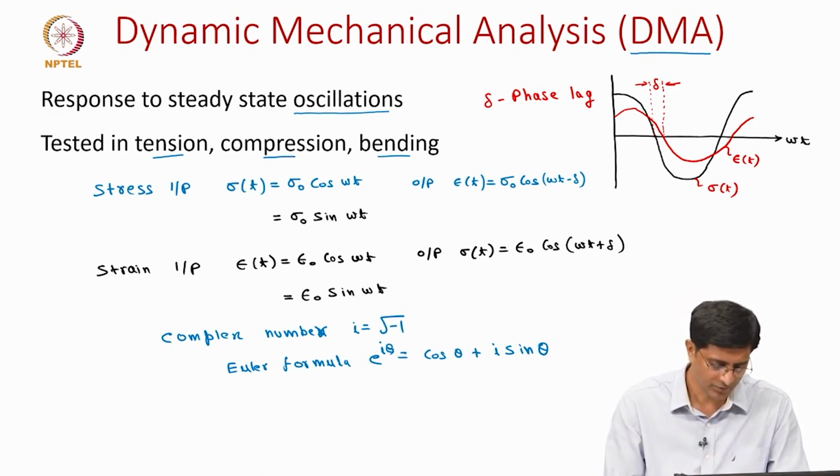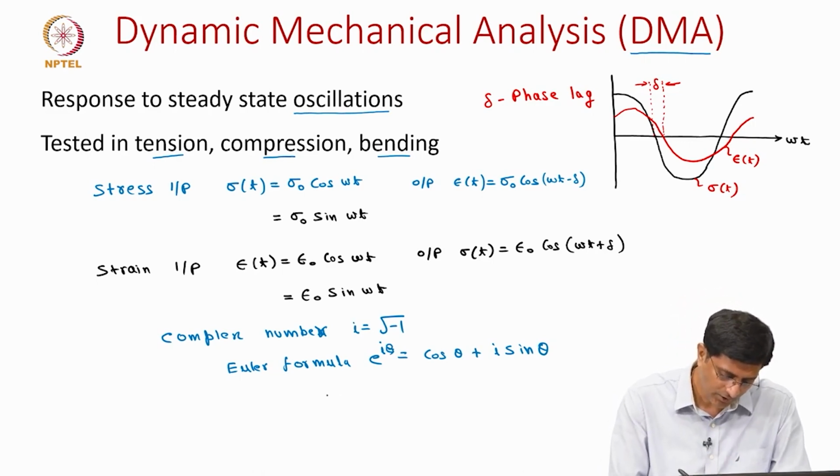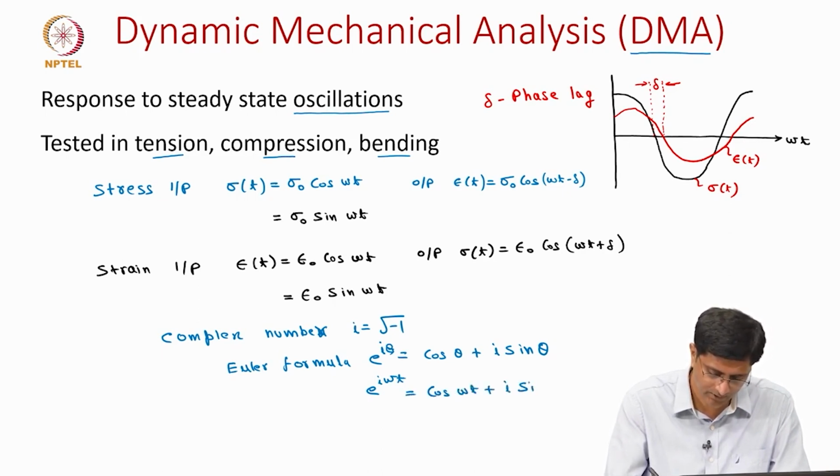look at the inputs. So, for example, if I write it as e power i omega t, then it can be written as cos omega t plus i sin omega t.